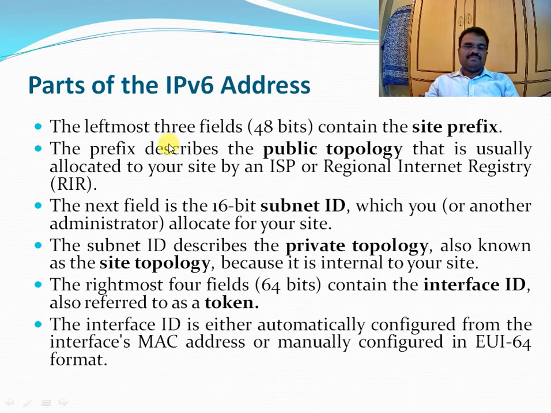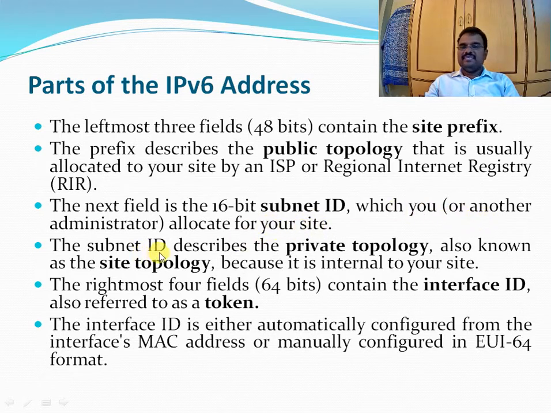The leftmost 3 fields, nothing but 48 bits, contain the site prefix. The prefix describes a public topology that is usually allocated to your site by an ISP, nothing but an internet service provider, or a regional internet registry authority. The next field is the 16-bit subnet ID, which you allocate to your site.